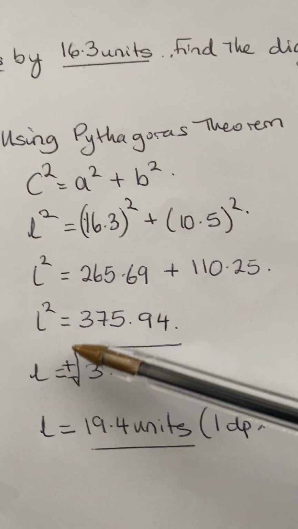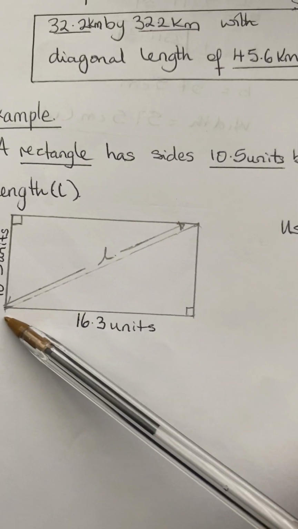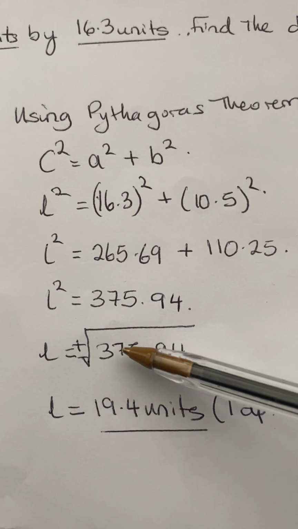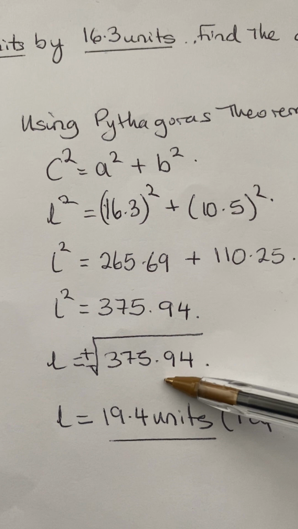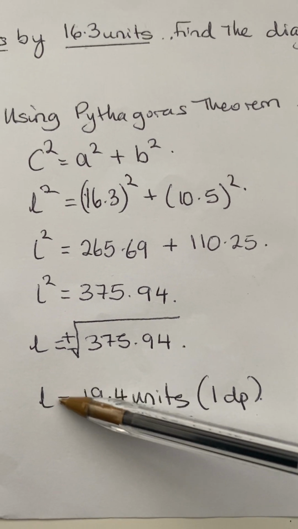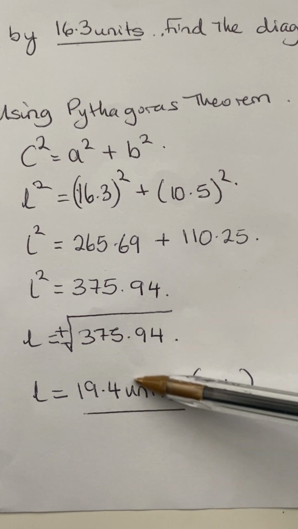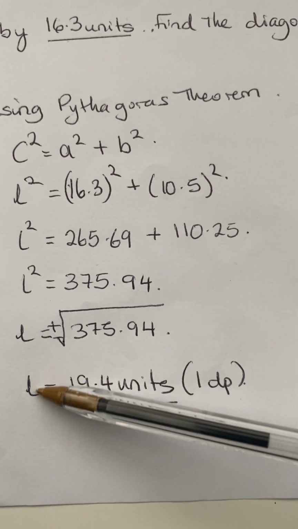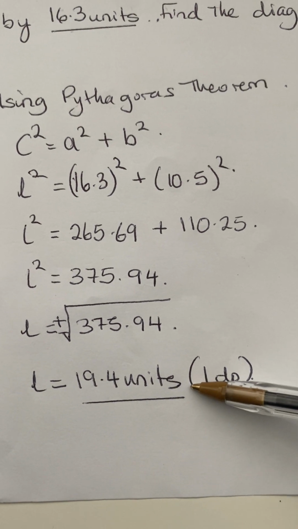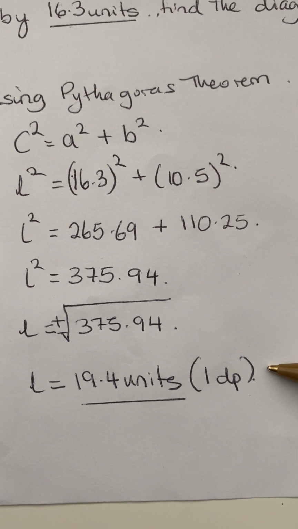So L, our diagonal from there to there, will become the square root of 375.94. If I do that again correctly on the calculator, L will become 19.4 units, 1 decimal place.